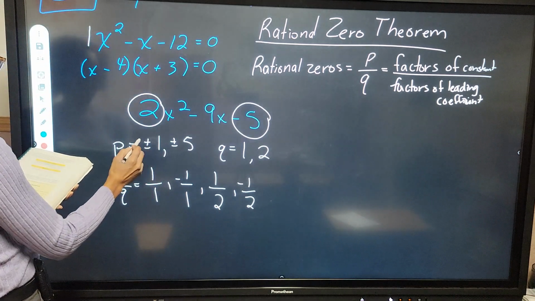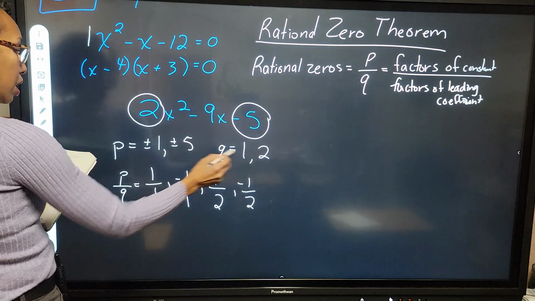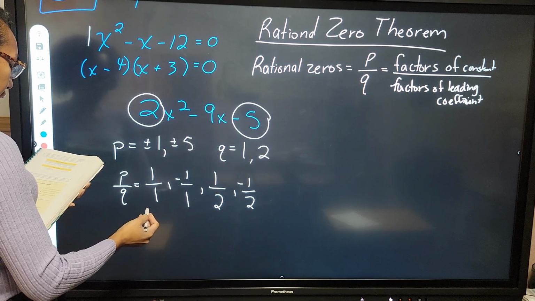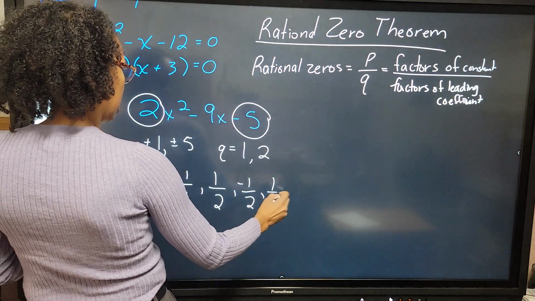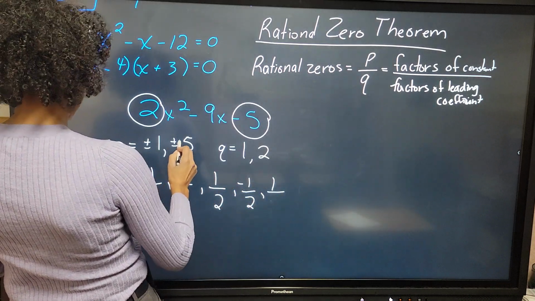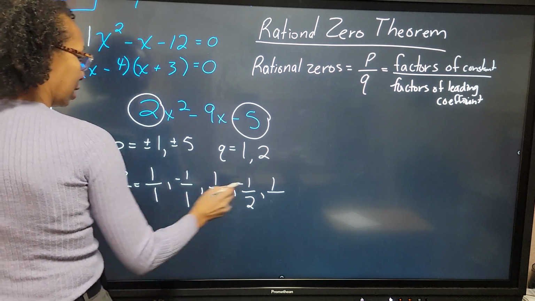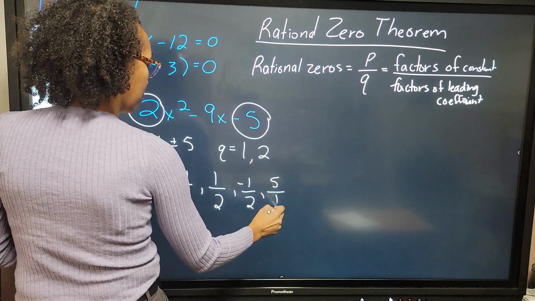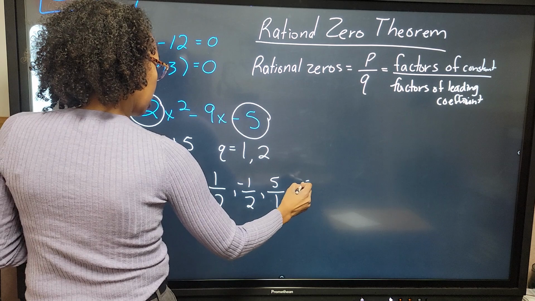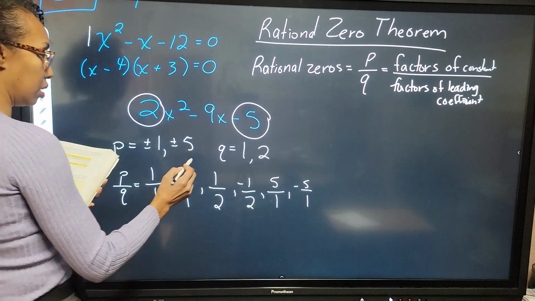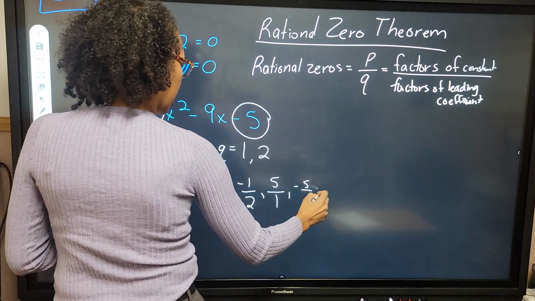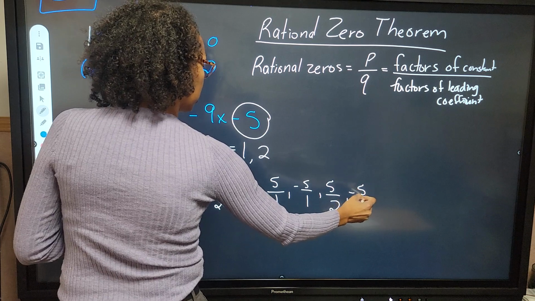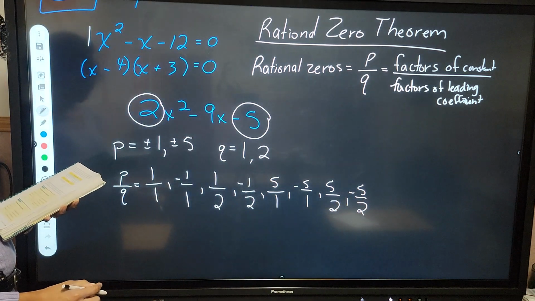So I've taken care of both the positive and the negative on each of those. Now I'll switch over to the 5. I can have positive 5 divided by 1, negative 5 divided by 1, and then positive 5 divided by 2, and negative 5 divided by 2. So we're just matching them all up.